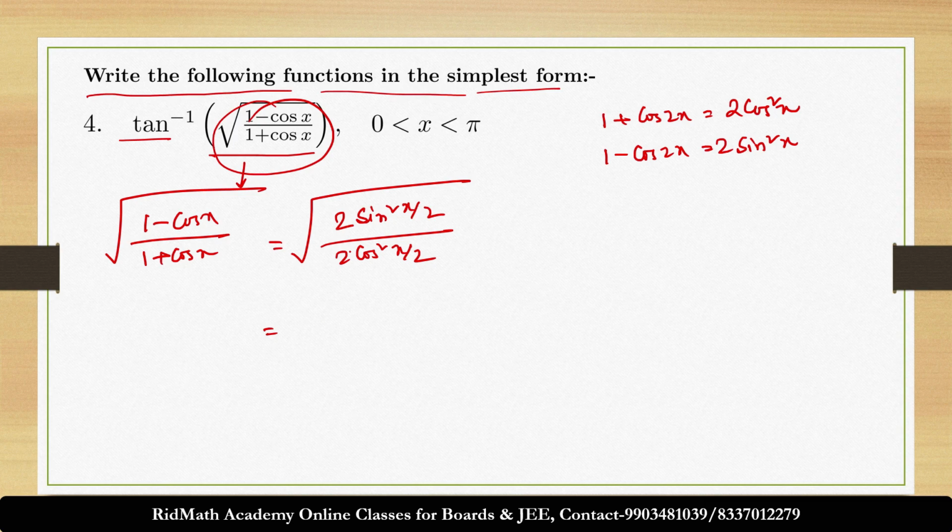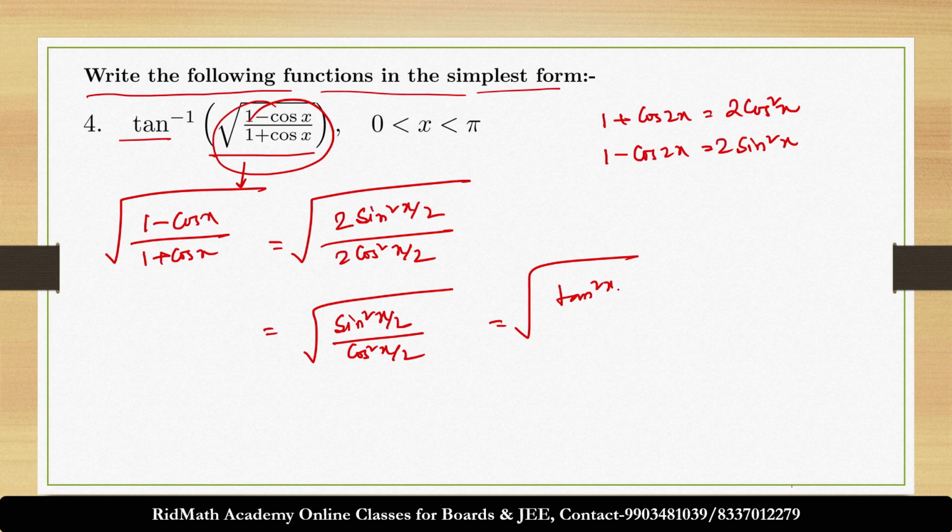So that is root over sin square x by 2 by cos square x by 2, that means root over tan square x by 2, that means tan x by 2. So here we got tan inverse of tan x by 2, that means x by 2. So this is the answer.